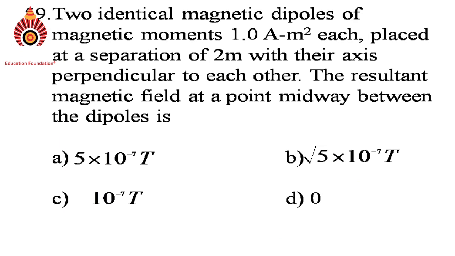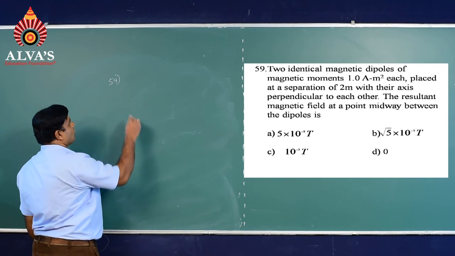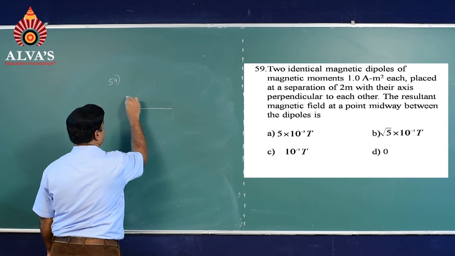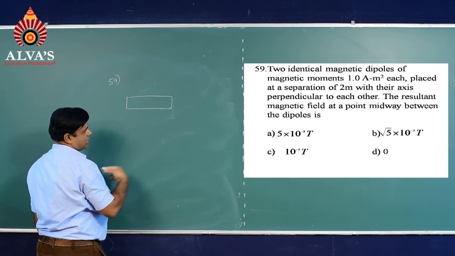Two identical magnetic dipoles of magnetic moments 1 ampere meter square each are placed at a separation of 2 meter with their axes perpendicular to each other. The resultant magnetic field at a point midway between the dipoles is? Two identical dipoles are given such that their axes are perpendicular to each other.